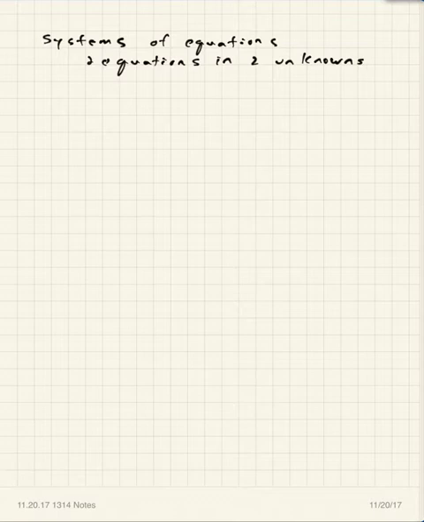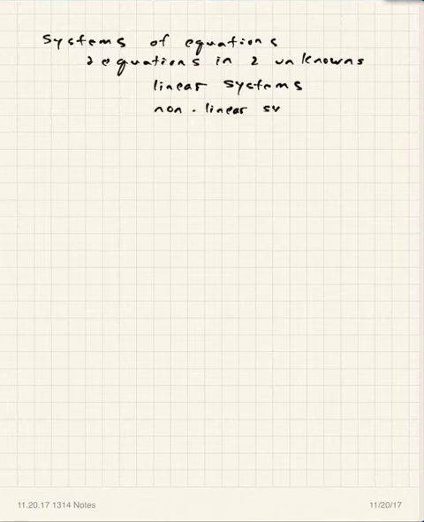With two equations and two unknowns, we're going to look at linear systems and nonlinear systems. When we go on to three equations and three unknowns, we'll only look at linear systems.